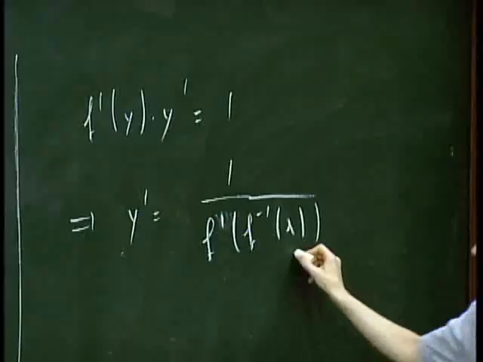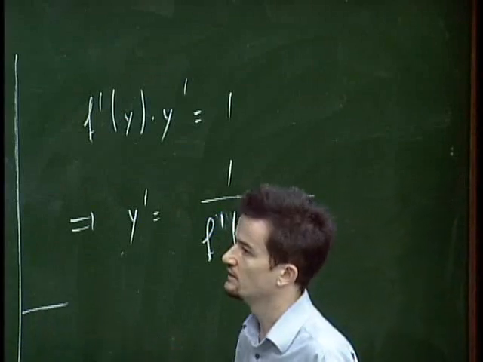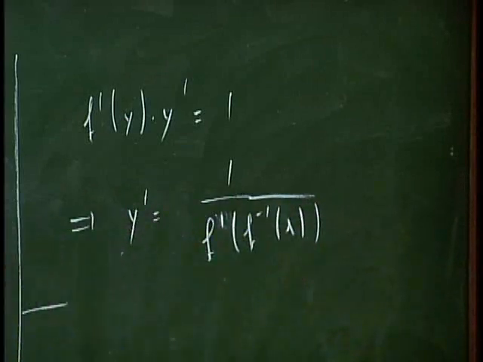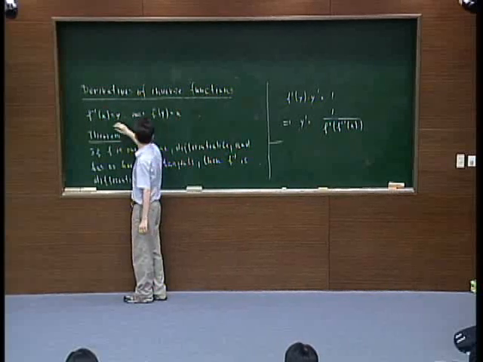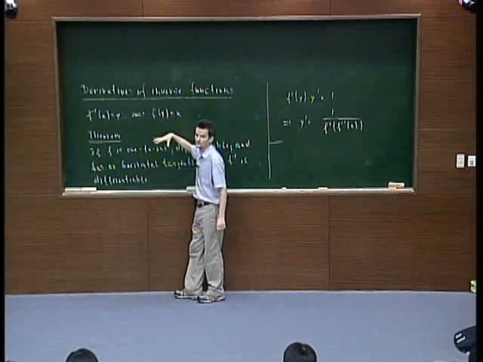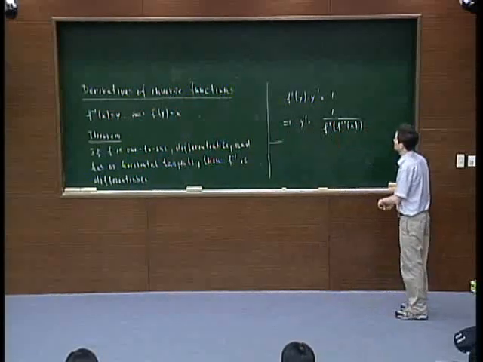This is the formula for how you compute the derivative of an inverse function. You just write the inverse function in terms of the original function, and then use implicit differentiation in order to find the derivative.